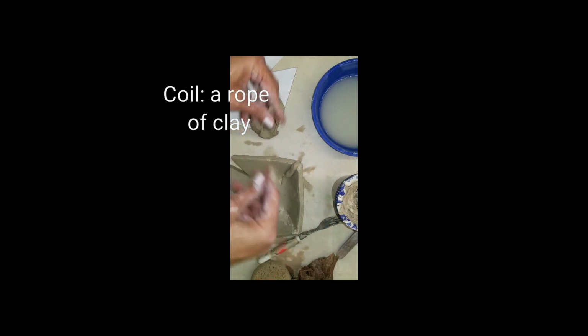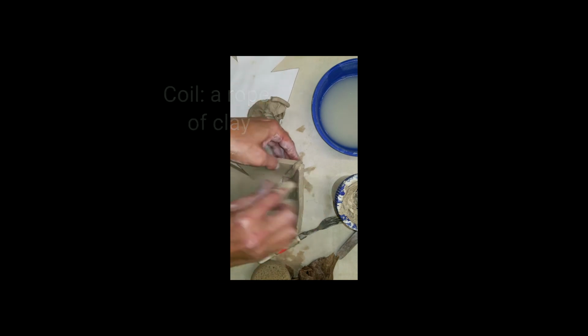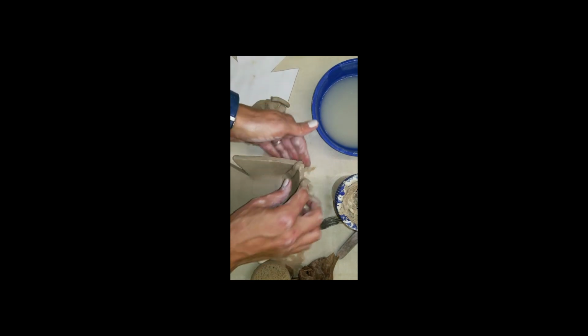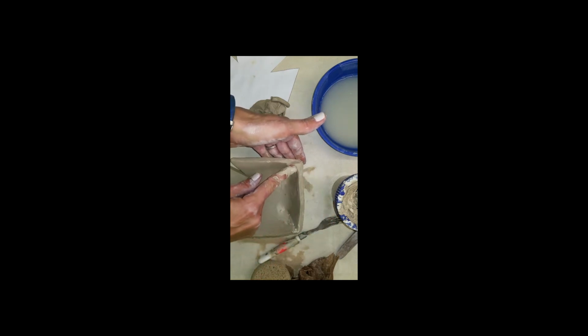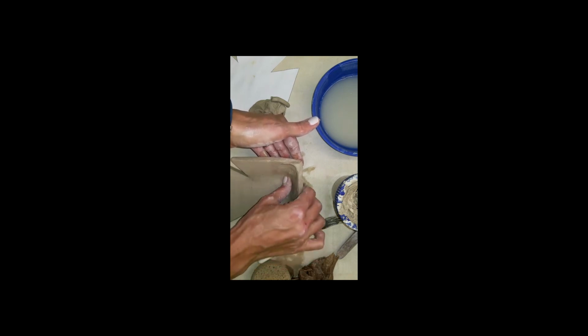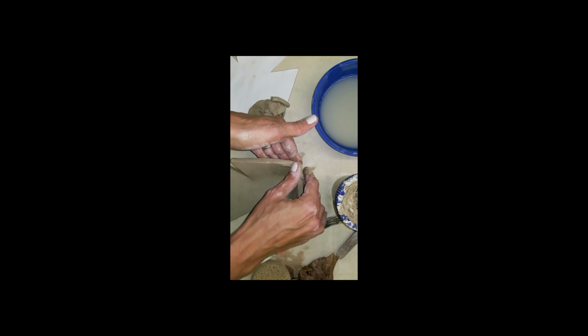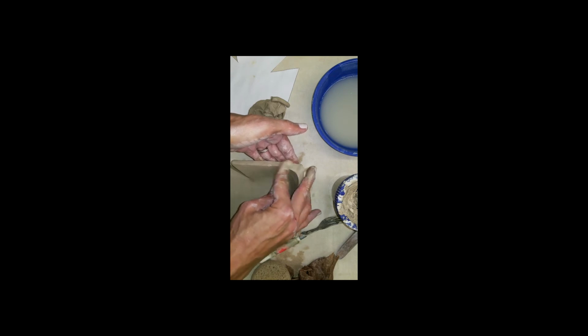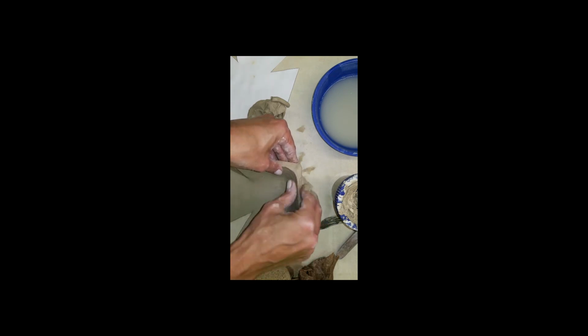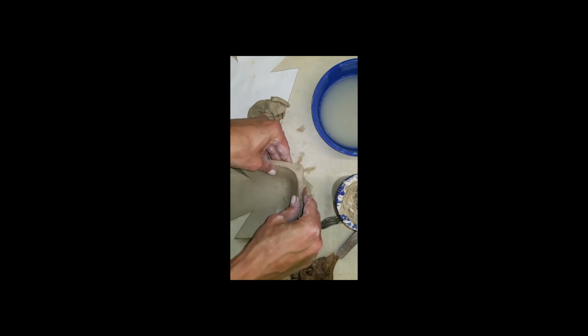I like to just rip it off over the top, pushing it in using your other hand as leverage, and taking half that coil to the right, up and over, and half that coil to the left. Very simply, you're reinforcing that wall. You're essentially zippering it up together, and you're able to make a nice, clean connection between those two walls.